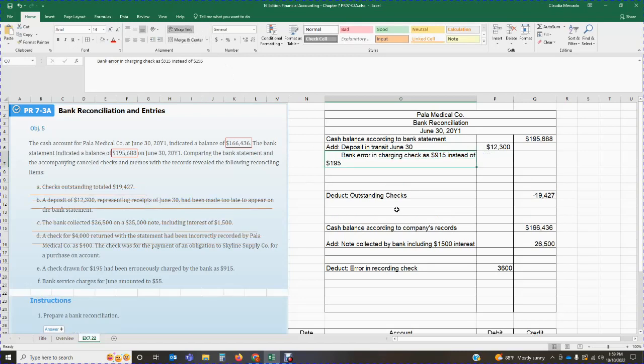The check was written for $195 but it cleared the bank for $915, so now I need to put $720 back into the bank so that I can update the correct amount of the check.